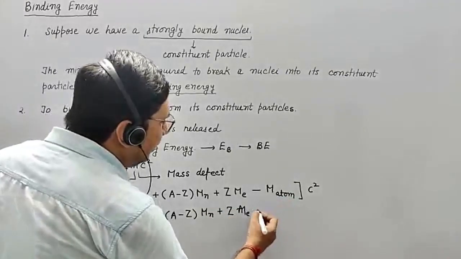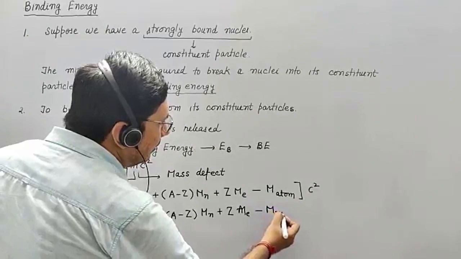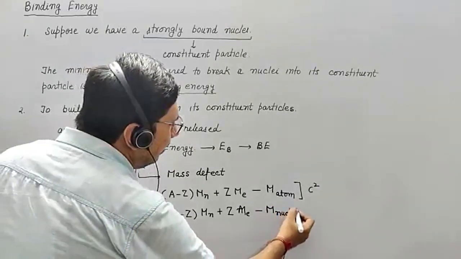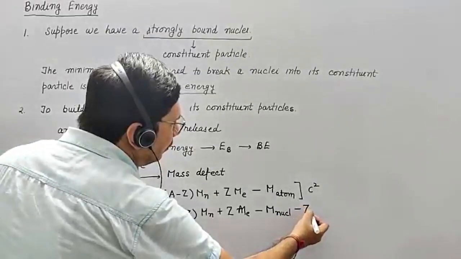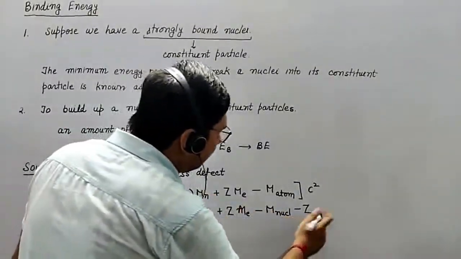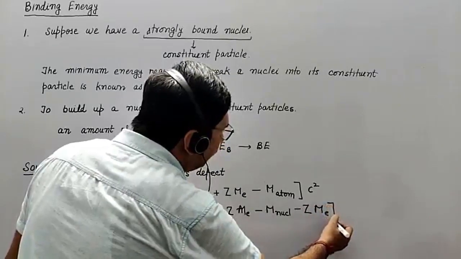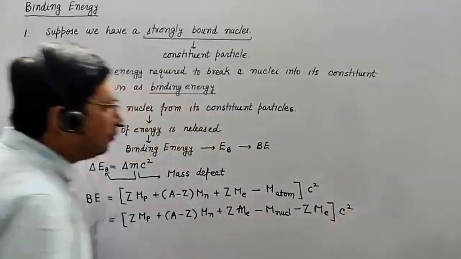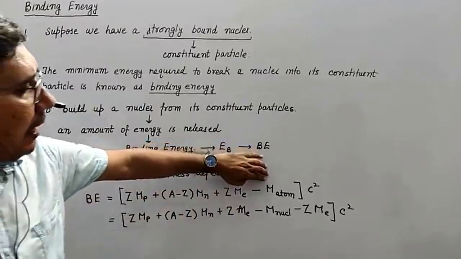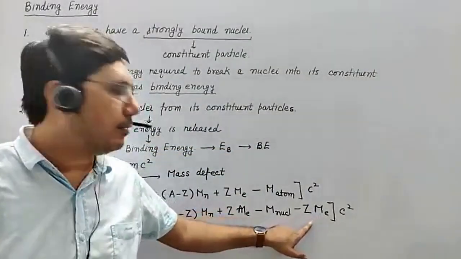and an atom is made up of nuclei and electrons. So I can write the mass of the atom as the sum of the mass of the nuclei and the mass of the electrons.